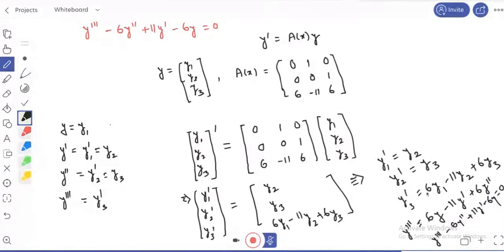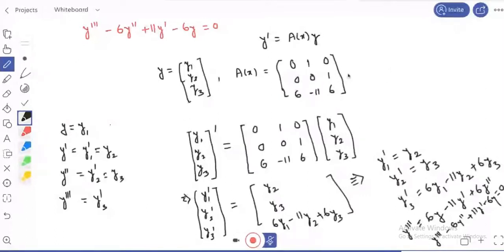So if you take this substitution, your equation is y prime equals A(x) y. In that case y becomes the variables y1 y2 y3, and A(x) is a matrix, and that matrix can be written by that formula, that is 0 1 0, 0 0 1, and the last row is by using that formula. If there are n variables, then the last row is minus a n over a0, minus a n minus 1 over a0, and up to the first term, minus a1 over a0.